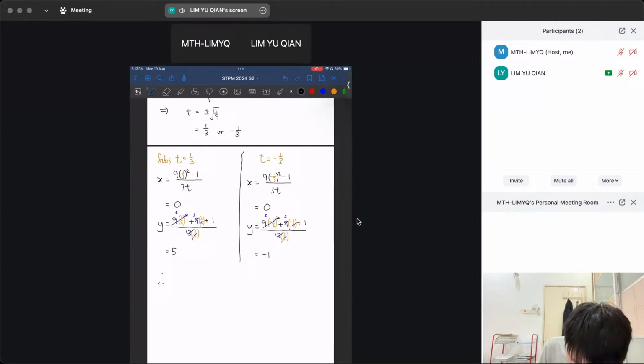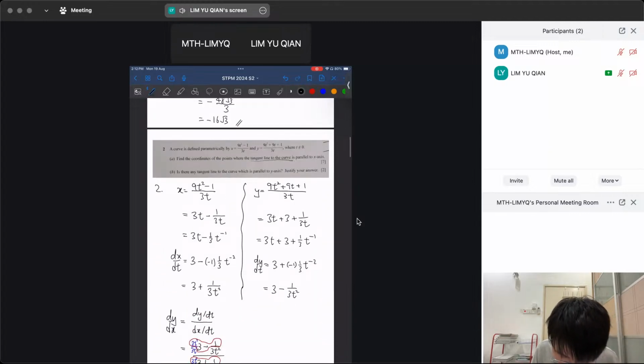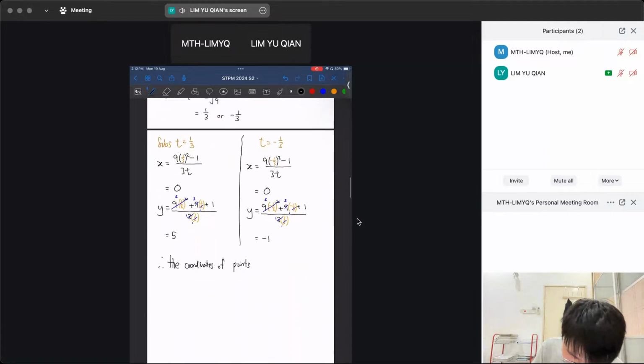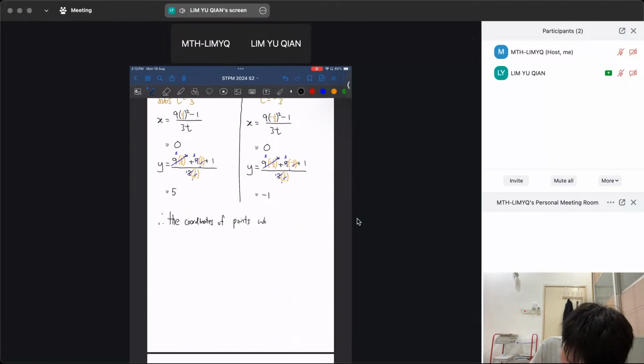Okay. So therefore the coordinates of the points where the tangent line to the curve is parallel to x-axis are 0, 5 and 0, -1.